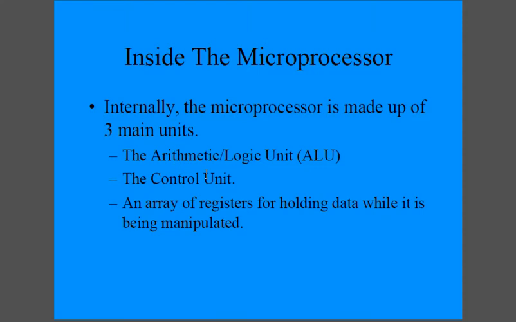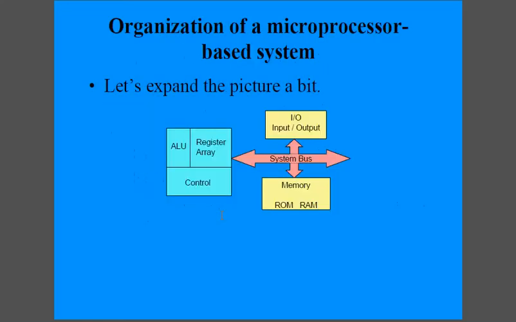And then there will also be a control unit, which will control all the control signals that will control the input and output and also the memory devices. And then inside the microprocessor there is also an array of registers which is used to hold the data while it is being manipulated. So every processing which uses the data will be stored in the register during the processing.